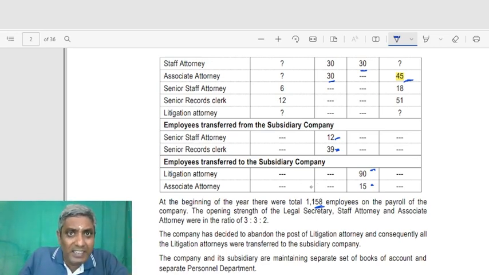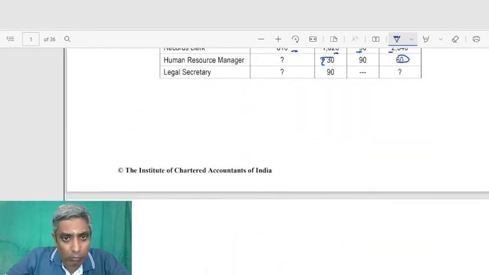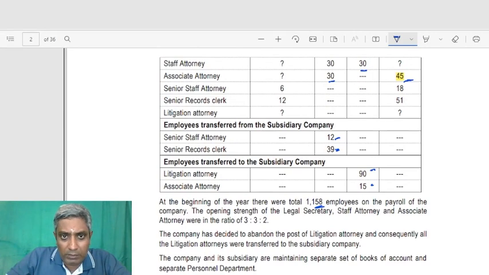Next, the opening strength of the legal secretary, staff attorney and associate attorney. In these three areas, the question marks for opening are not given. These three are in the ratio of 3:3:2.